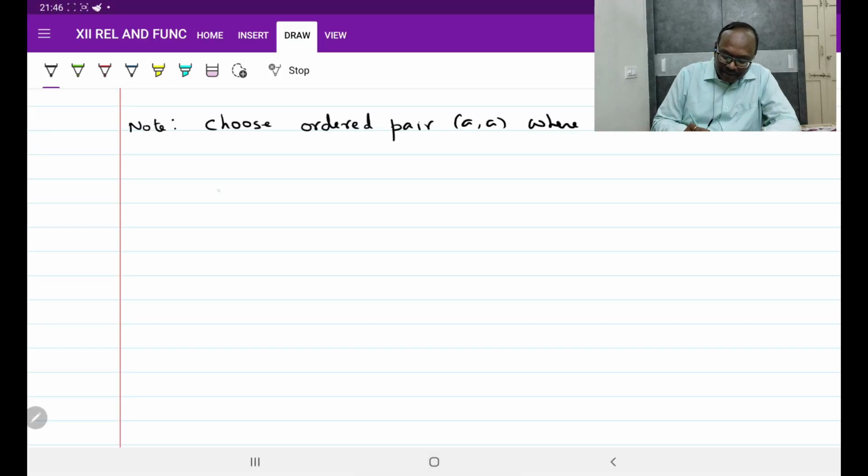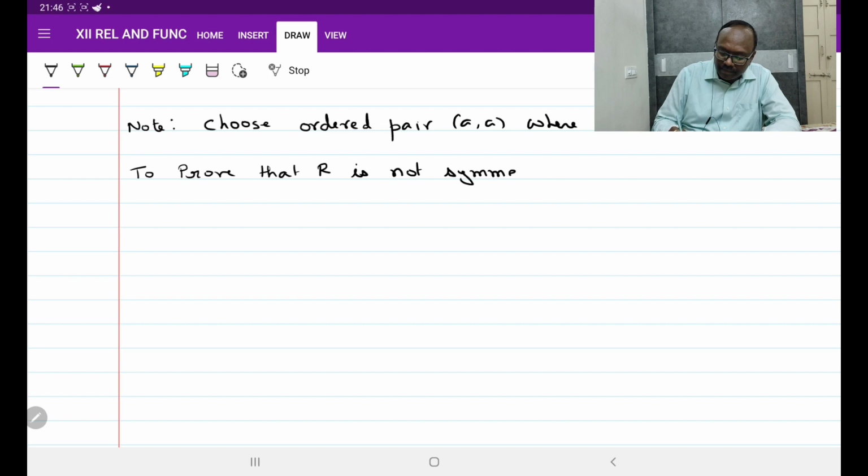So to prove the relation is not symmetric, we have to show that if (a, b) belongs to R, then (b, a) should not belong to R. So let us try to prove that R is not symmetric. (a, b) should belong to R and (b, a) should not belong to R.